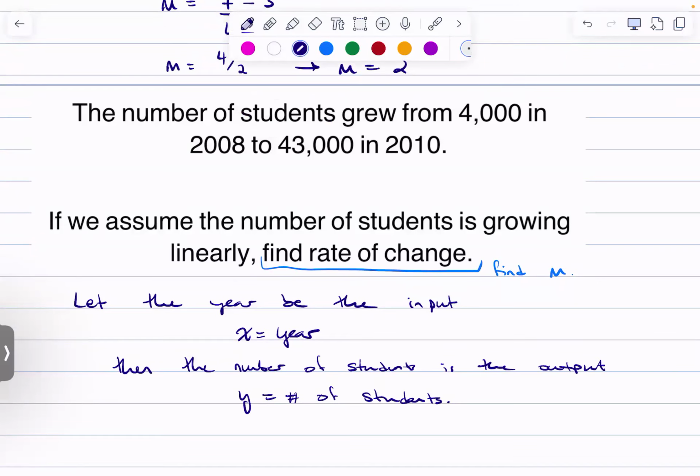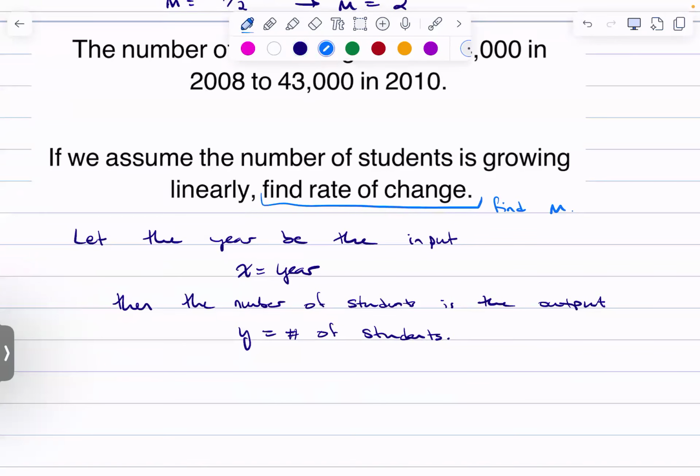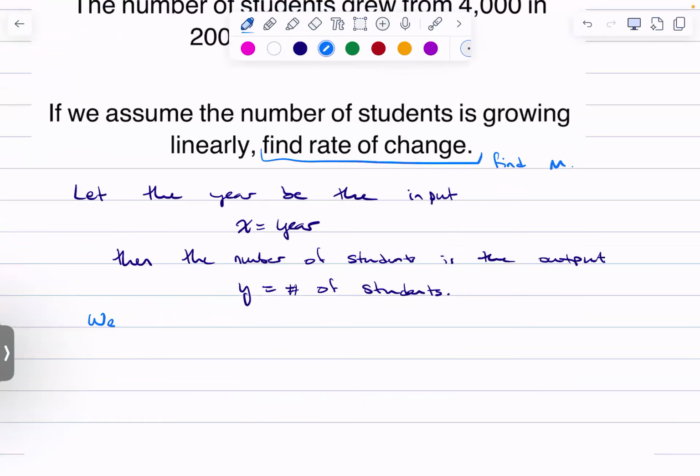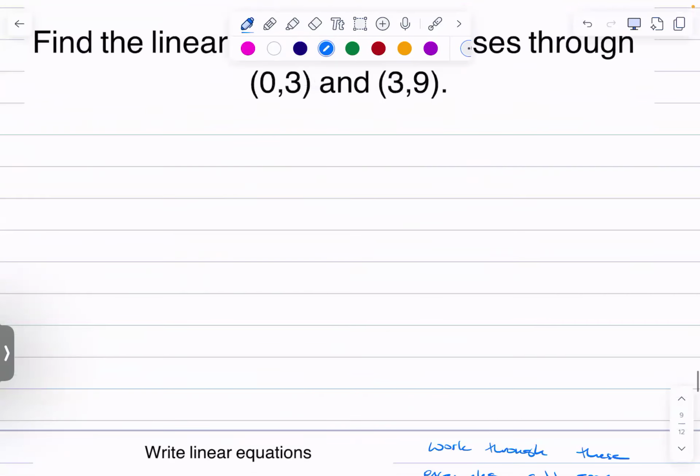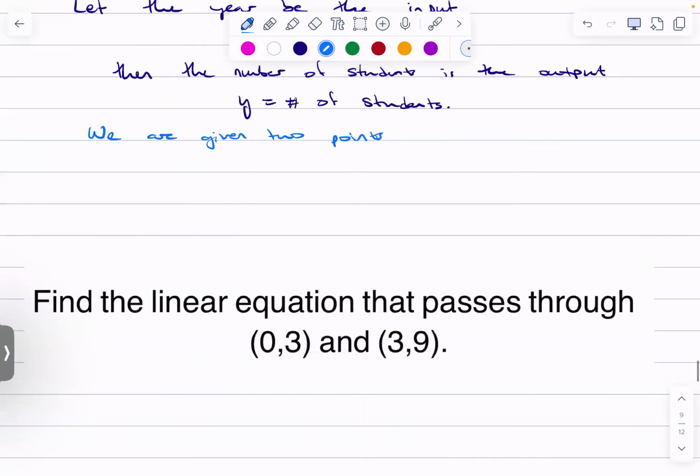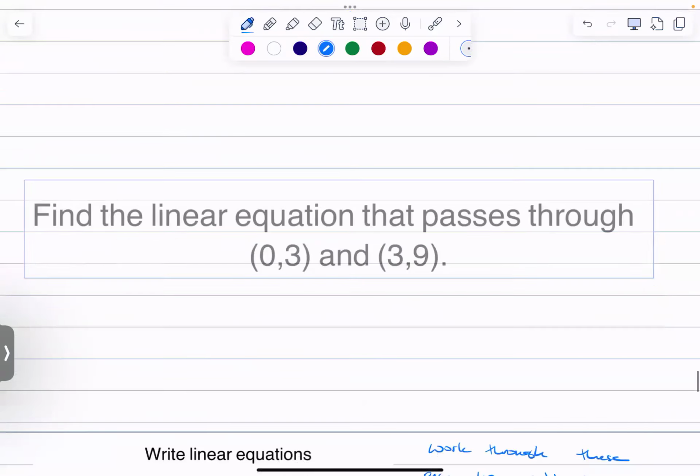Now I am given 2 points. Once we've decided what our X is and what our Y is, we are given 2 points. I'll need to move this down, I think.